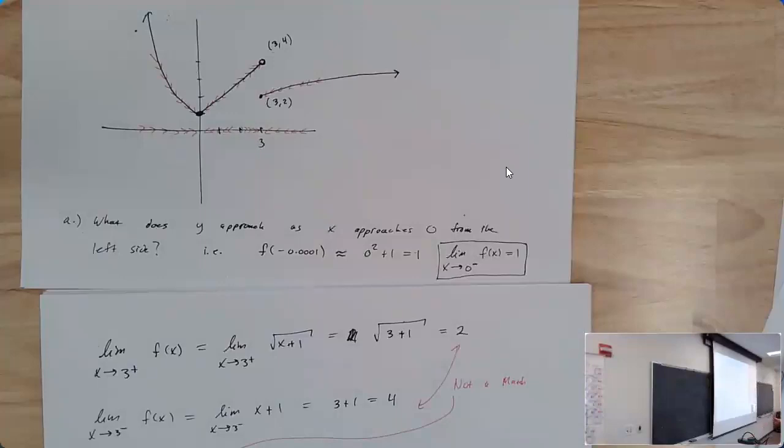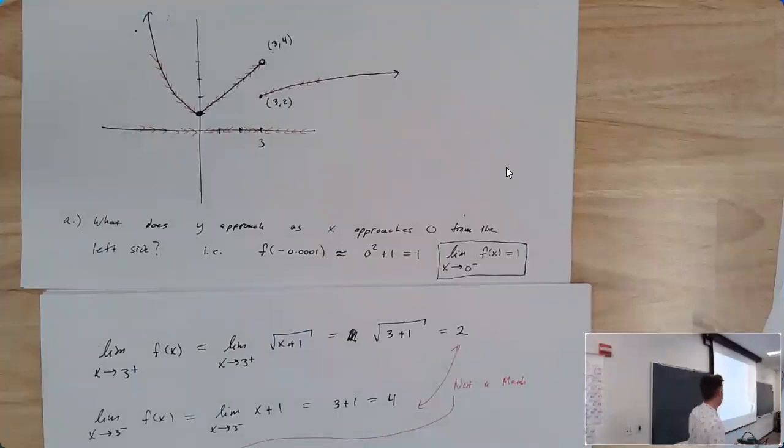If they said why, you'd say, well, because the limit from the right is this, the limit from the left is this, they're not the same. But you could also say, I see that there's a jump, so maybe the limit doesn't exist. I can't really answer that fully because different people have different expectations.